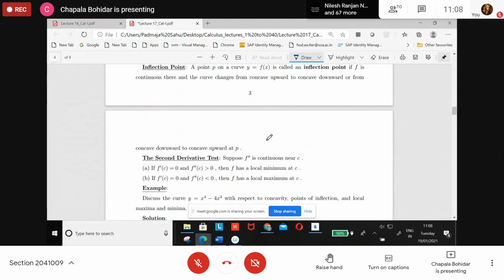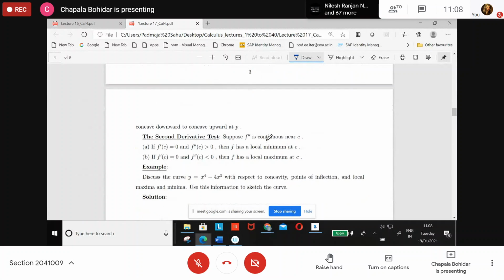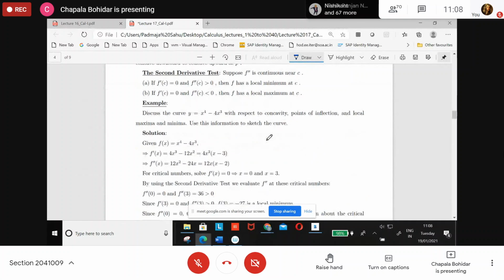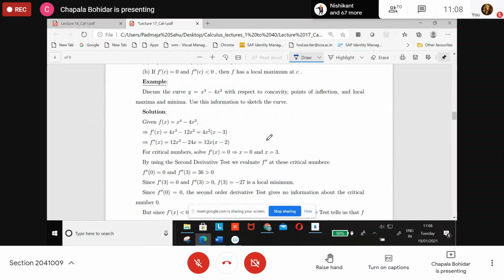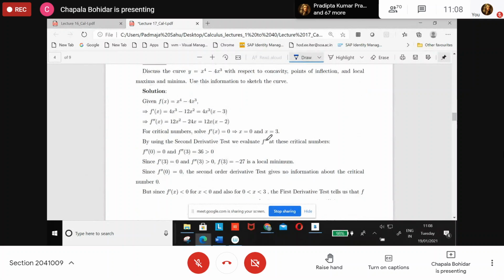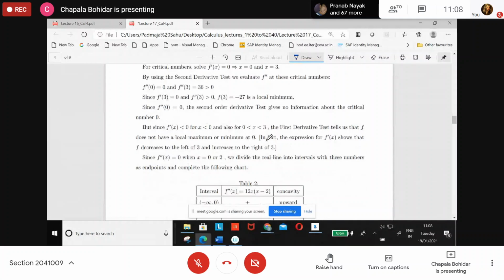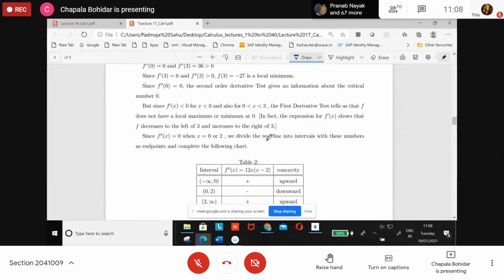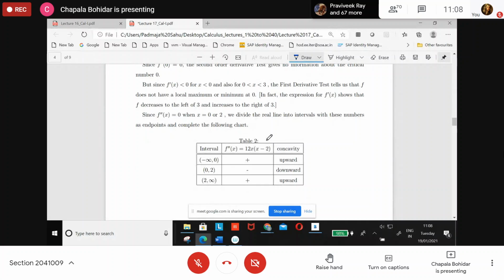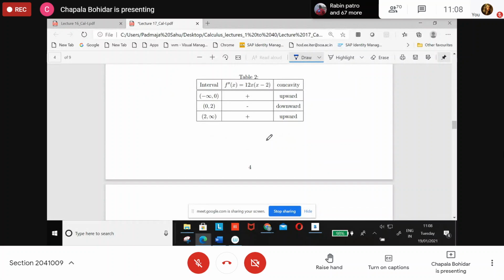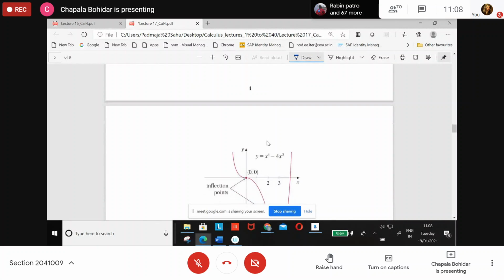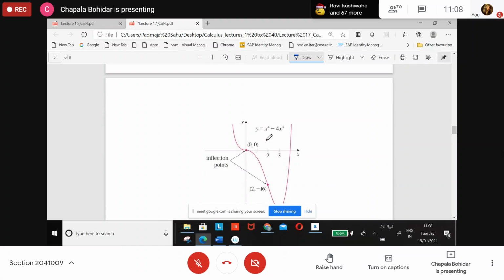Second derivative test, example, this is also done here. See? Complete the following chart here. It is done. Now your curve is like this.